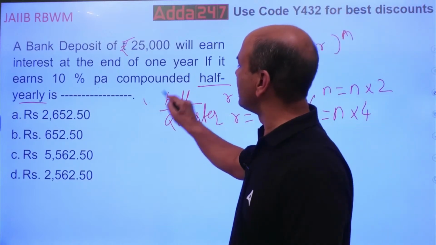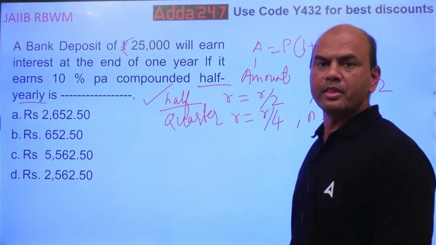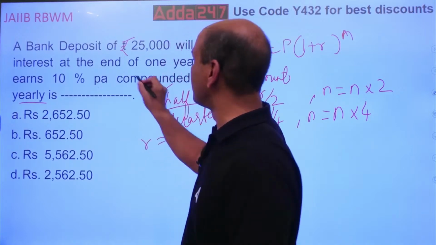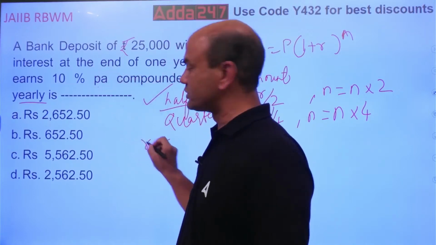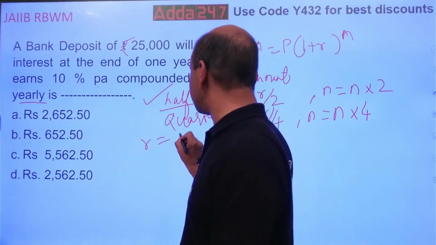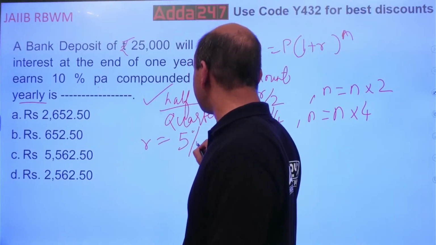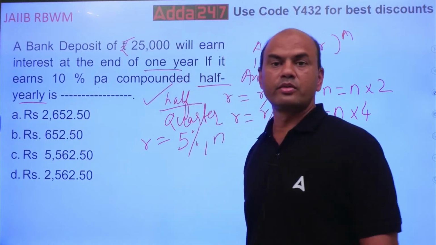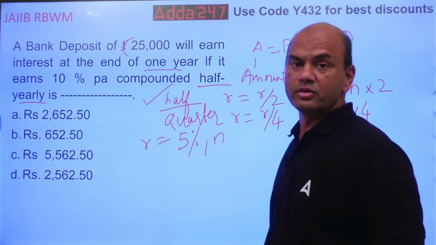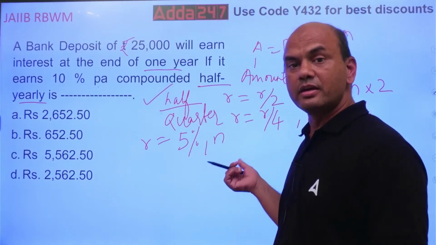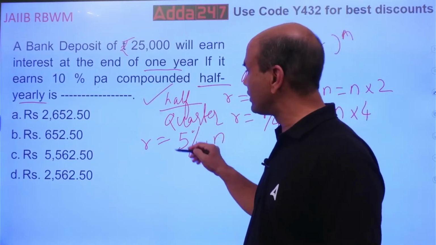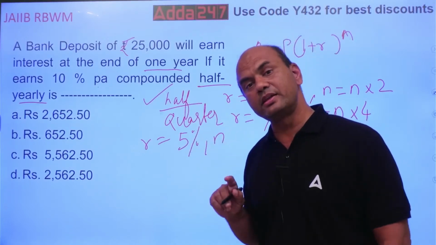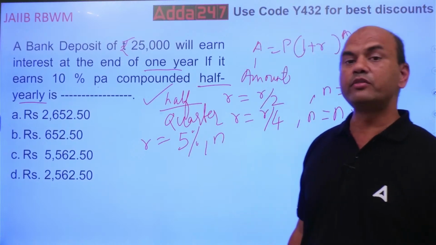It's half yearly. What is the new R? R upon 2, whatever is given, 10%, so now it will be half, 5%. What is the new n? n is given as 1 year.